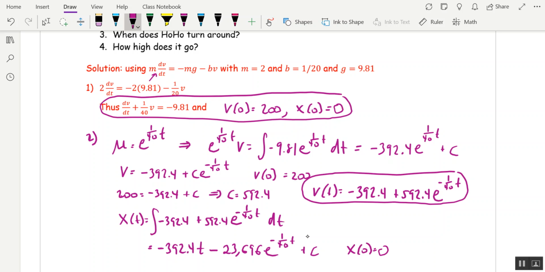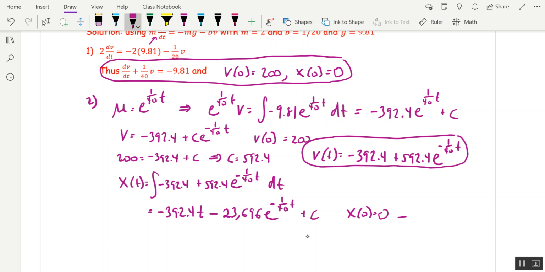When I put 0 in for t, this part's 0, and that part's negative 23,696. So I'm going to get c equals, I'm just going to do a mental calculation, positive 23,696.